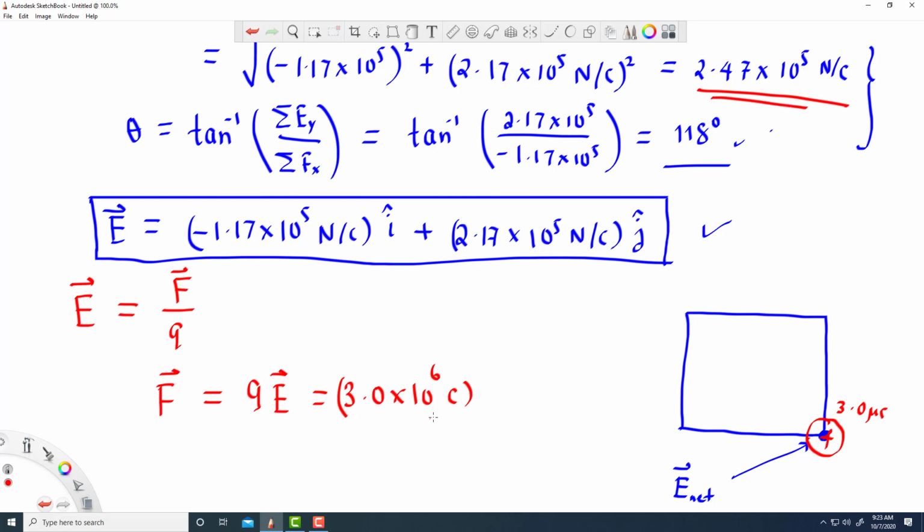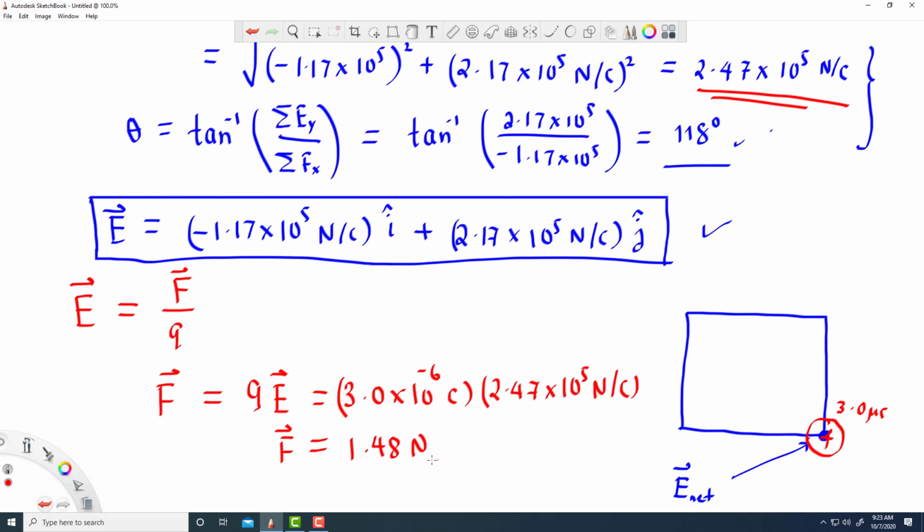Or you can also use this one, whichever you want. So for the magnitude you can just use 2.47 times 10 to 5 Newton per Coulomb and do the calculation. That will give you 1.48 Newton.